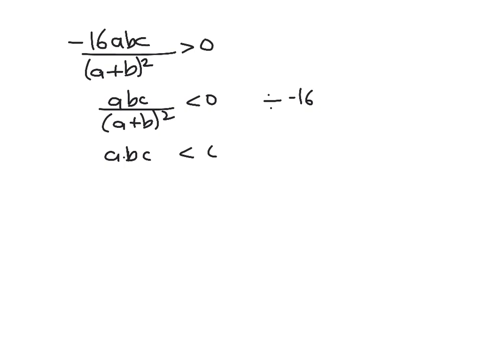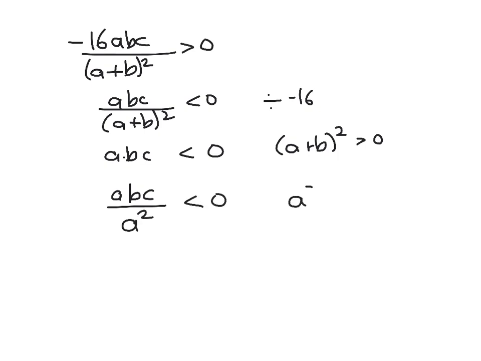So abc must also be strictly negative, since a plus b squared must be strictly positive because it's a squared number. And now I'm looking at it, I'm going, where am I going to get an a in the denominator? So we're going to divide both sides through by a squared. And a squared is positive, so we can do that without changing the sign. And that leaves us with bc over a, which is negative, as required.